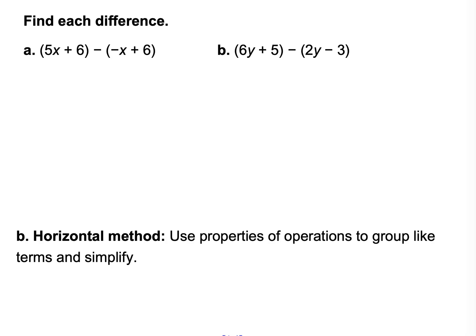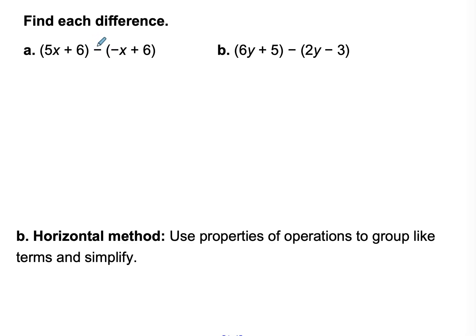Alright, so these problems are very similar to what we did in our last lesson, which was looking at addition of algebraic expressions. The only difference with subtracting them is that we're going to see a subtraction sign in between them. And this is like adding a -1.